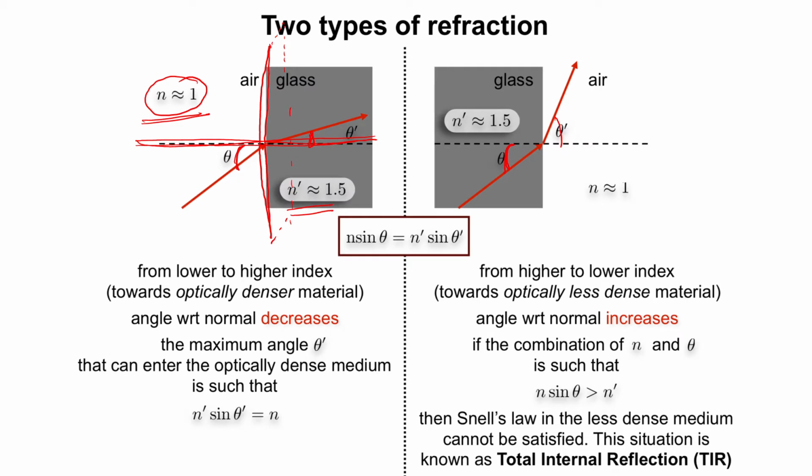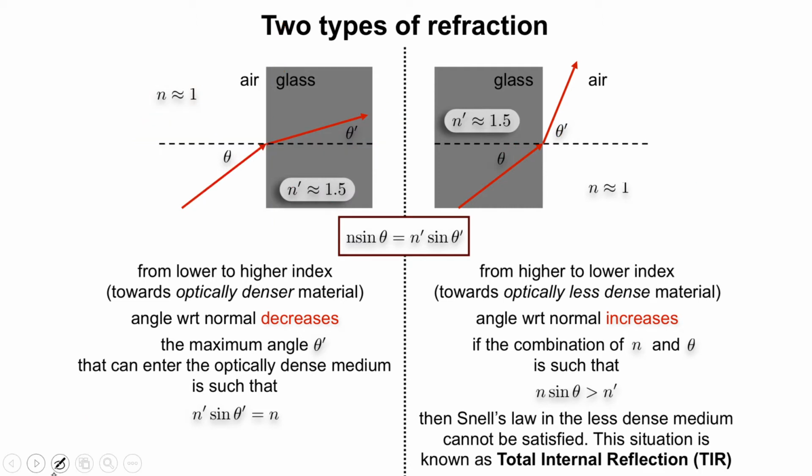We know that Snell's law states that n sine theta is equal to n prime sine theta prime. So I want to consider a situation where I am going this way, but my theta prime is 90 degrees. That is, my ray of light goes just this way, right?